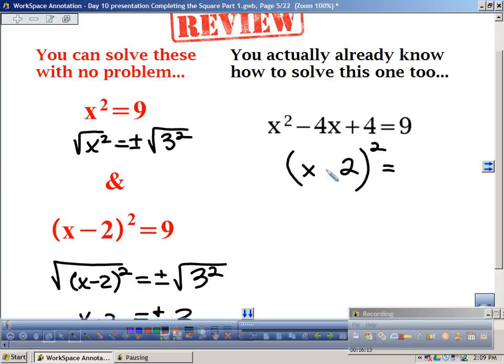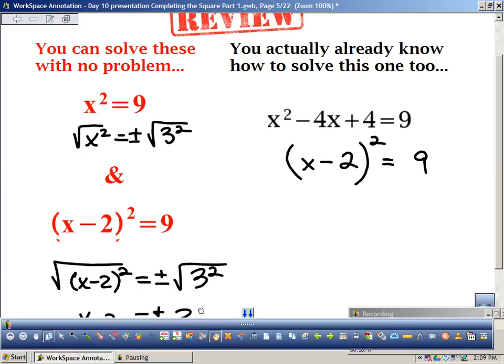Plus or minus? It's a perfect square trinomial. I'm going to teach you today how to do that in your head. So now, it's the same problem as this one, isn't it? Isn't it exactly the same problem? It's just a different form. It's exactly like this problem.